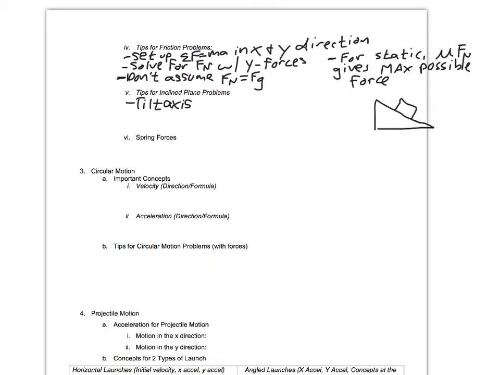That's the first tip with inclined planes. Then what we notice is that gravity is going to be at an angle, so we break that gravitational force into its x and y components. Whatever angle the incline is tilted at will also be the upper angle in my triangle. So my x component will be Fg sine of theta, and my y component will be Fg cosine of theta.